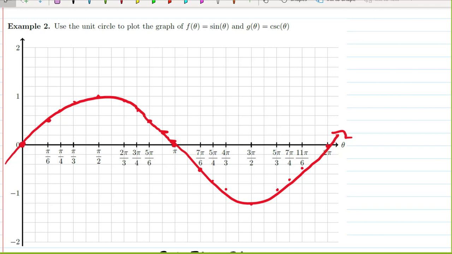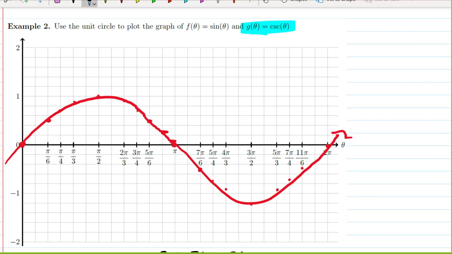And if we go back to 6.1, where we talked about the definition of cosecant, remember cosecant of theta is 1 over the sine. So it's this same thing, but we're taking the reciprocals of all of these values. So let's grab some easy ones.